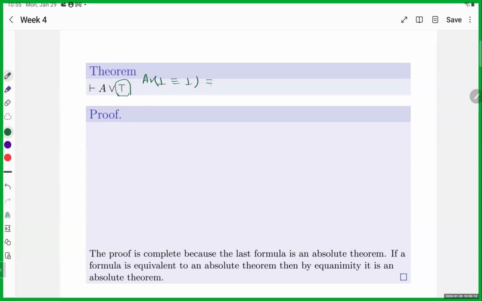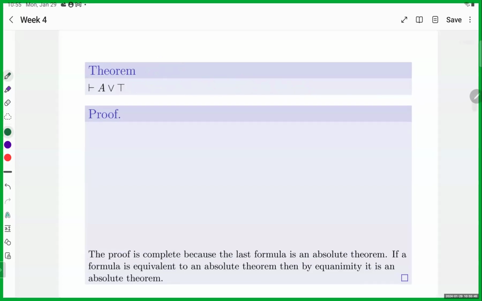But then if I use the distributivity, I'm going to get A or bottom is equivalent to A or bottom. But this part, I know it's true. It's an absolute theorem, because any formula is equivalent to itself. So that's our strategy. Now you just have to write down things properly.